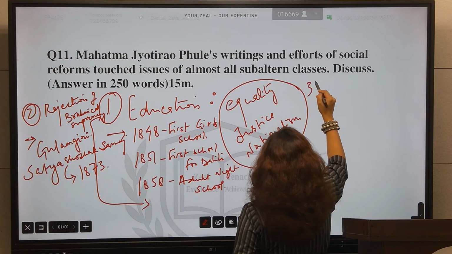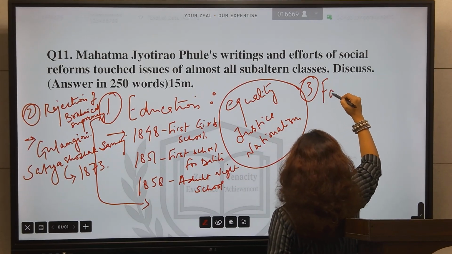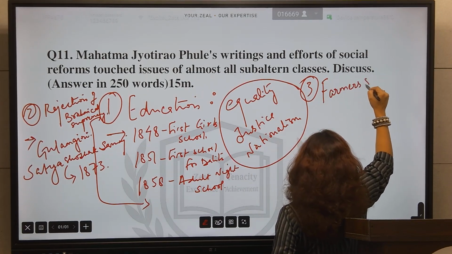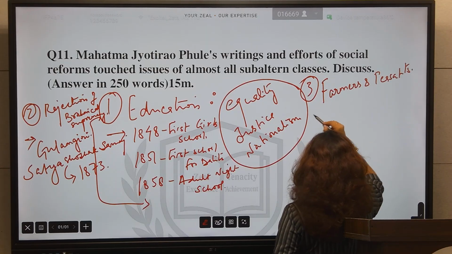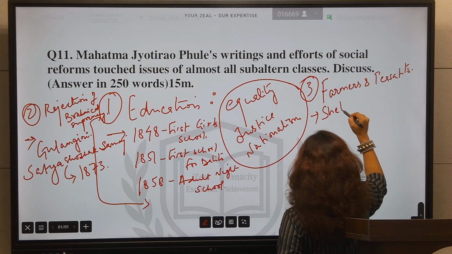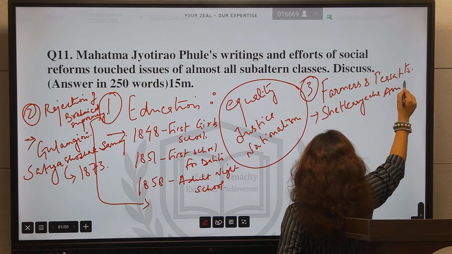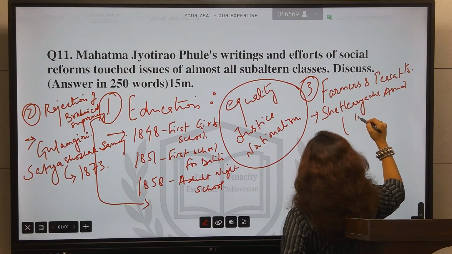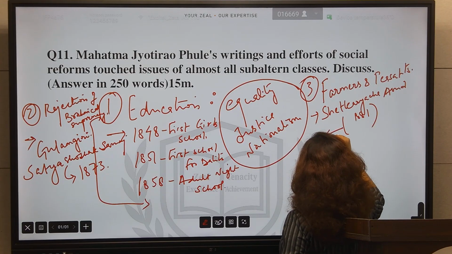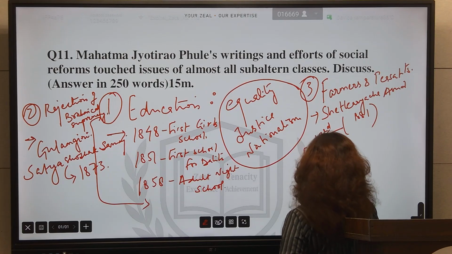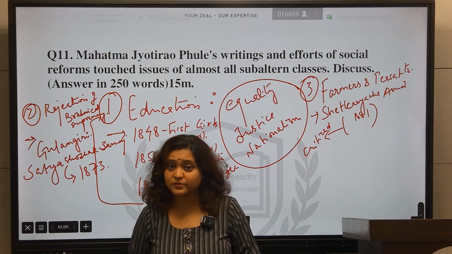Then he also worked for the farmers and peasants. He wrote Shetkaryacha Asud in 1881, if I'm not wrong, and in this, he criticized the exploitation of farmers that was happening at that time.